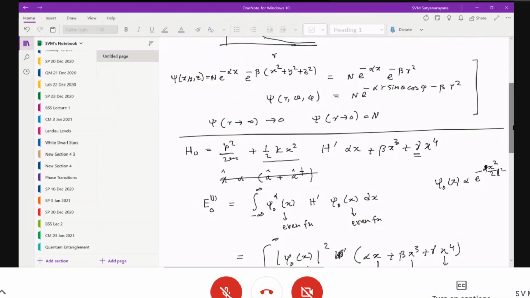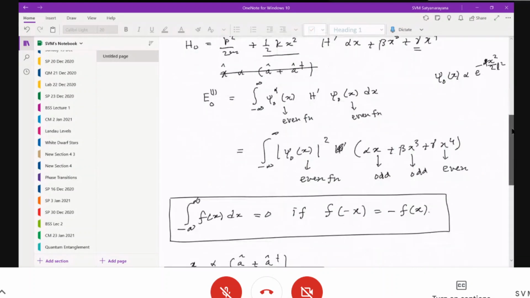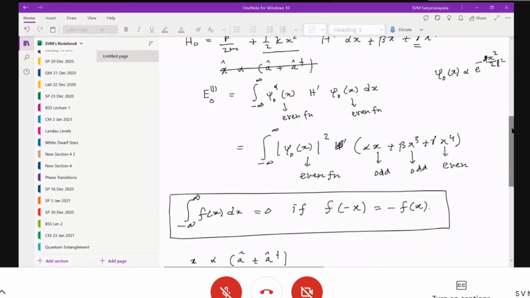Because of that, the eigenstates of the Hamiltonian are also eigenstates of the parity operator. The parity operator has only two eigenvalues, either even parity or odd parity. As a result, whether they ask for the ground state or first excited state or nth excited state, the answer is going to be the same. Only gamma will contribute. Alpha and beta, first order correction, they will always be 0. Okay, is that clear?